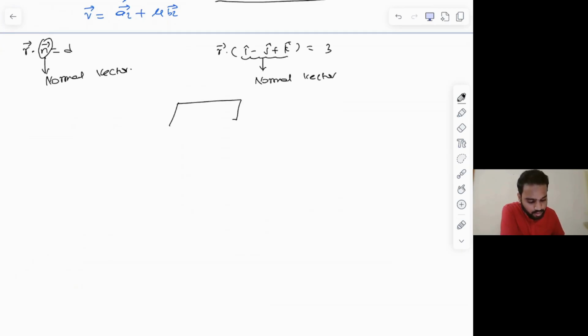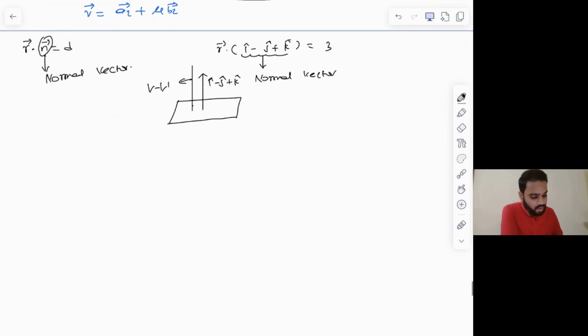So if I take a plane, something like this, a vector which is perpendicular to this plane can be taken as i cap minus j cap plus k cap. Or else, if I take a line which is perpendicular or normal to this plane, this line will have the DRs which are nothing but 1, minus 1, 1. That is, the coefficients of i, j, k will give you the DRs of the normal to the plane. Okay, now next one.